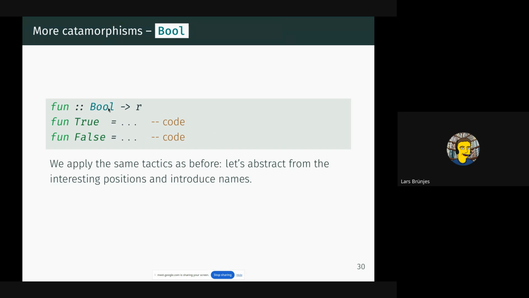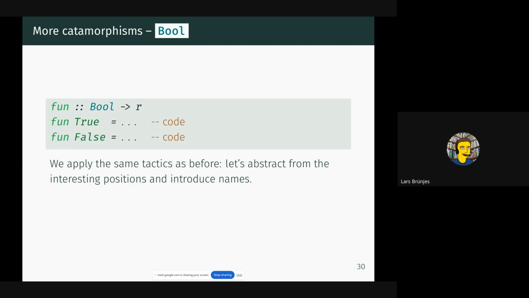If you have a function on Bool, then we saw in an earlier lecture that the standard way is we split patterns on the constructors of Bool, True and False. So we have two equations, one for True, one for False. And then we can write what we want to write, the R that we get for True and the R that we get for False.